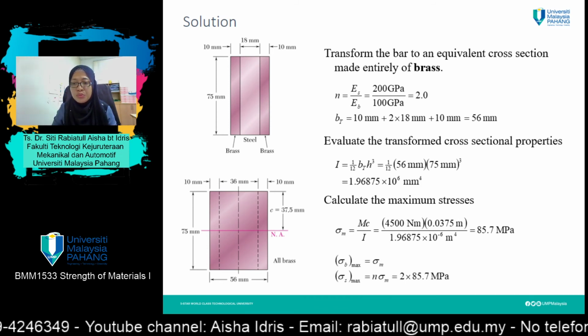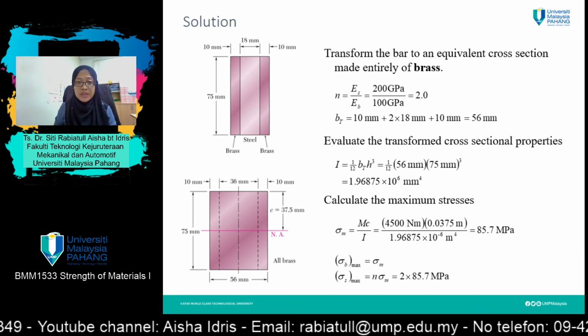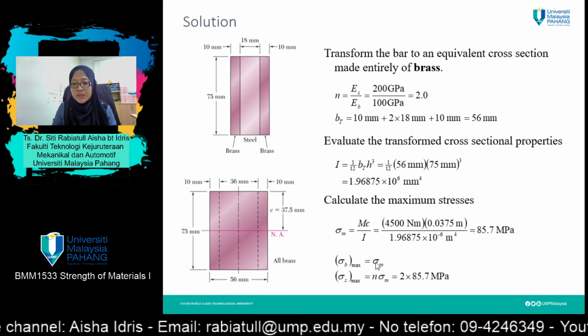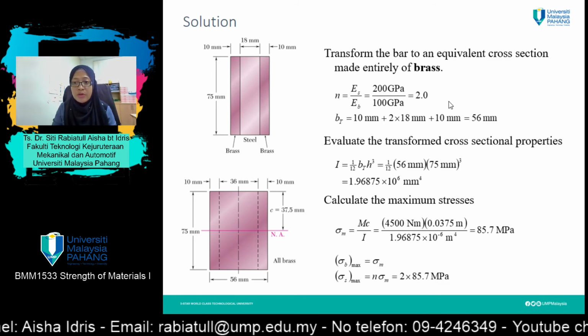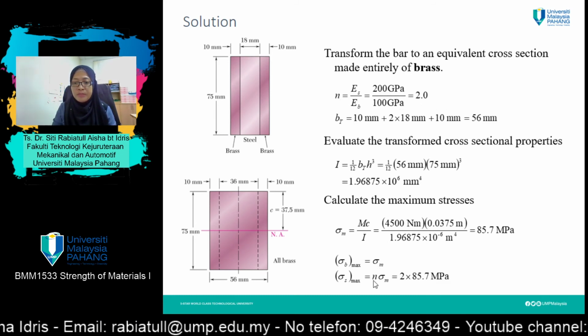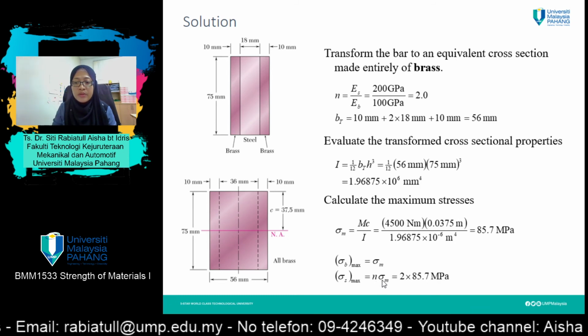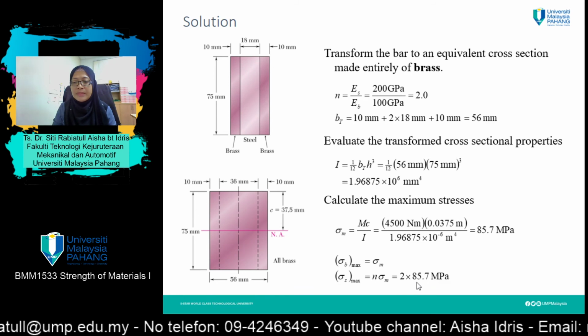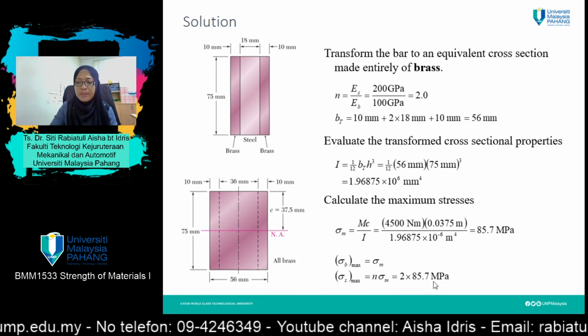So how to find the value of sigma maximum for steel? Remember the value of n here, just multiply it by the maximum value, therefore 2 times 85.7 megapascal.